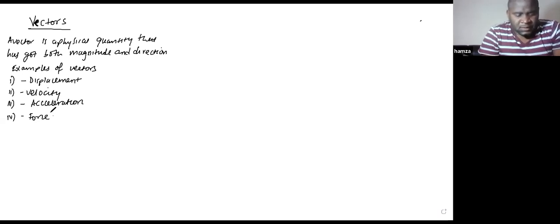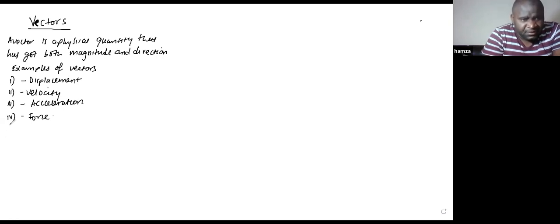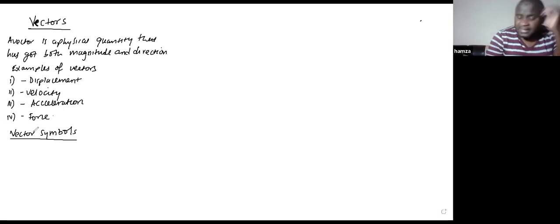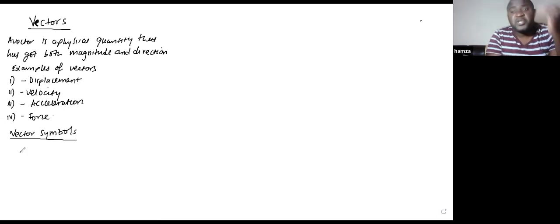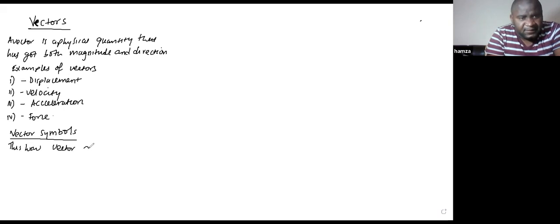So, having seen what a vector is, we can look at what we call the notation of vectors, or vector symbols. Vector symbols consider the representation of vectors. This is how vectors are represented.